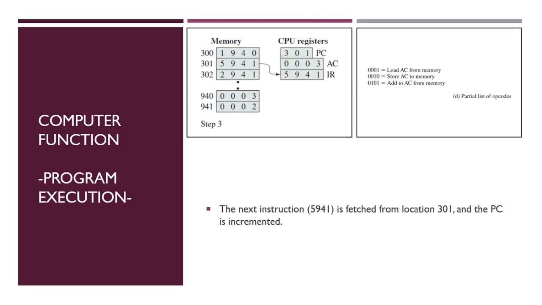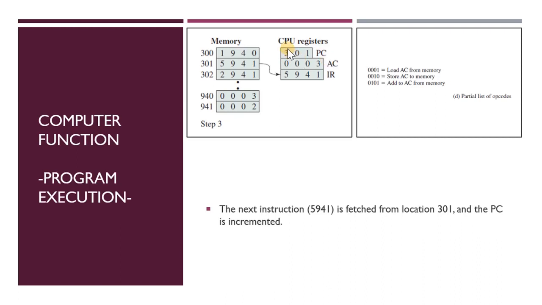In step 3, you can see inside the PC, it contains address 301. So in step 3, the next instruction will be carried out. It will fetch the instruction from the memory, located in the memory with address 301.